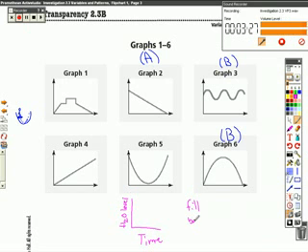Fill, bath, empty. So as time increases, as I fill it, the water level is going up. That will work. So that means this one will work. This one won't work. This one could work. This one could work. This one won't.